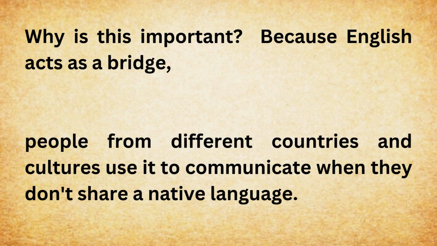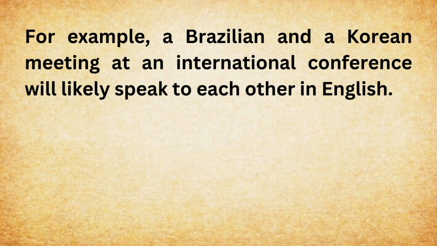Why is this important? Because English acts as a bridge. People from different countries and cultures use it to communicate when they don't share a native language. For example, a Brazilian and a Korean meeting at an international conference will likely speak to each other in English.